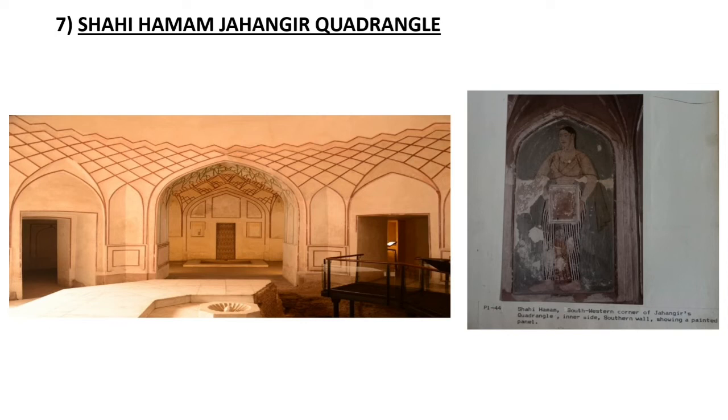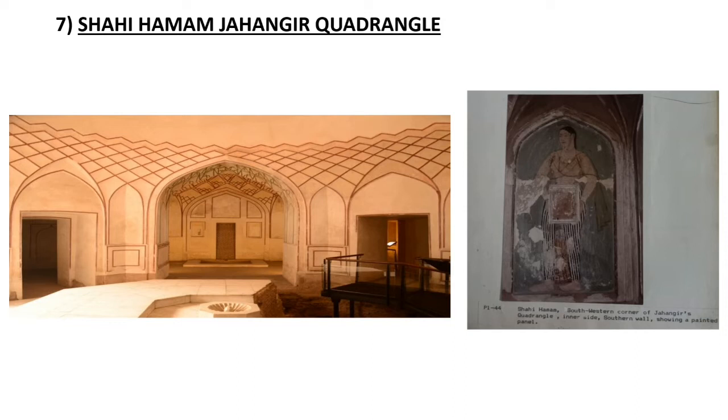Dear viewers, as I have shown, the Saidari Pavilion was constructed in the time of King Jahangir, dated to 1617-18. Dear viewers, on the right side is a very beautiful painted scene. This photo has been taken from the Turkish bath, which was constructed on the southwestern corner of Jahangir Quadrangle.